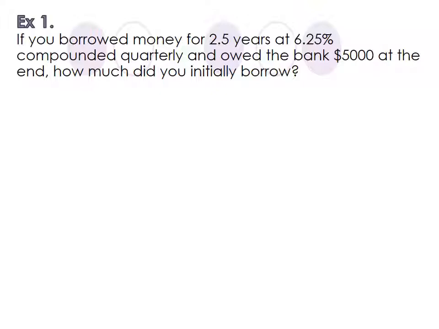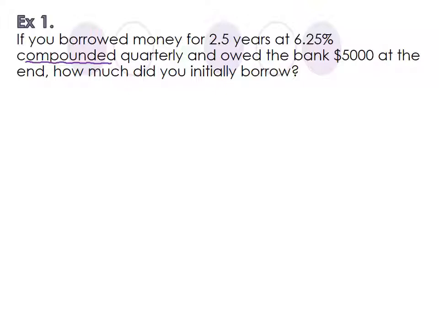If you borrowed money for 2.5 years at 6.25% compounded quarterly and owed the bank $5,000 at the end, how much did you initially borrow? So first thing, you're looking for the word compounded. That's how you know you're using a compound interest formula and not your simple interest triangle. And the difference between yesterday and today is that yesterday asked you what's the future amount.